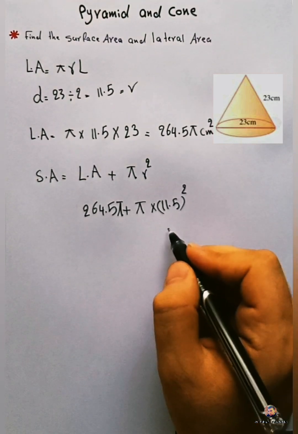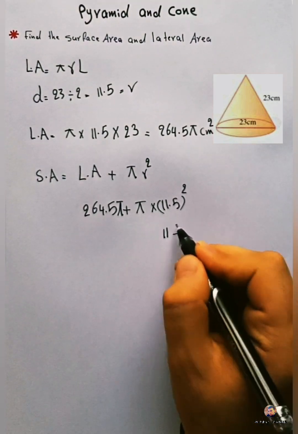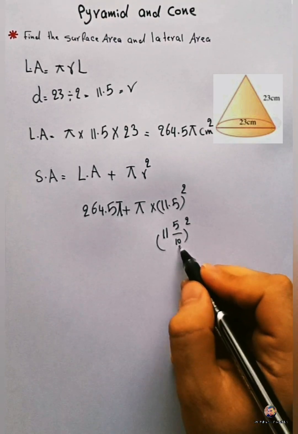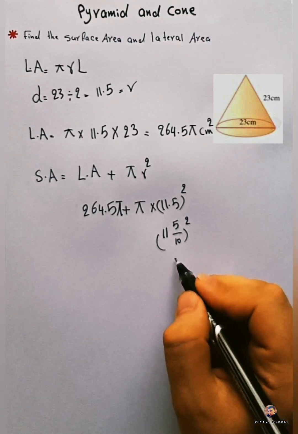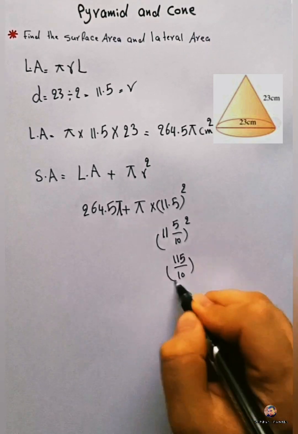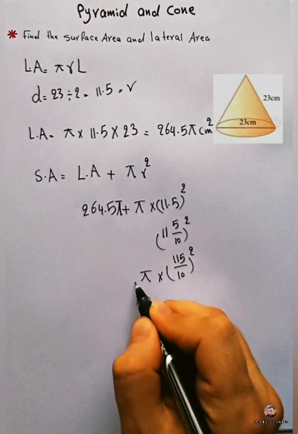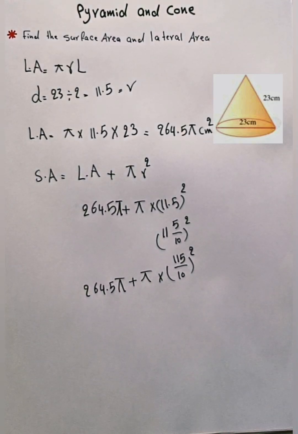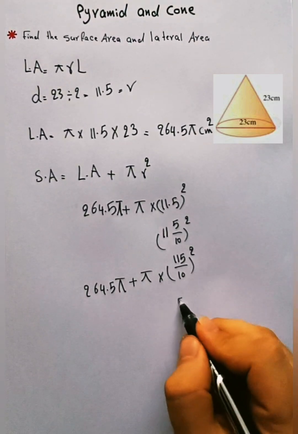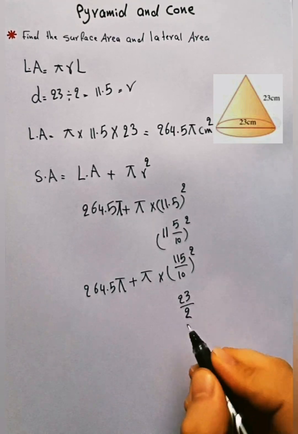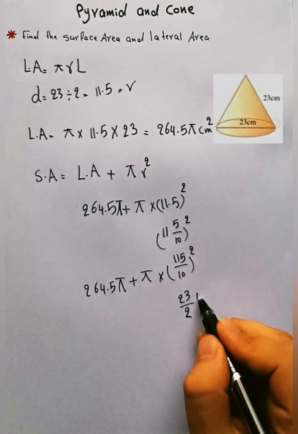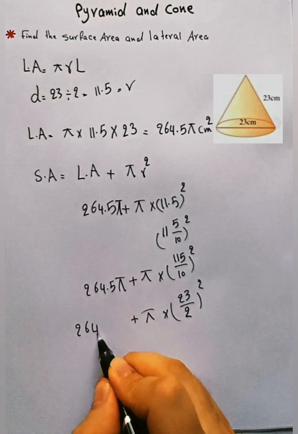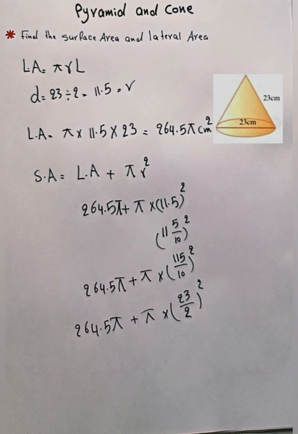After that, 11.5 equal to 11 and 5 out of 10, and then we can write as a fraction 11 times 10 equal to 110 plus 5 equal to 115 out of 10, square multiplied by pi, plus 264.5 pi. After that, when we simplify, equal to 23 out of 2 multiplied by 5, plus 264.5 pi.